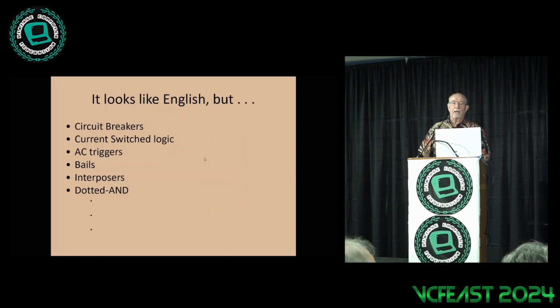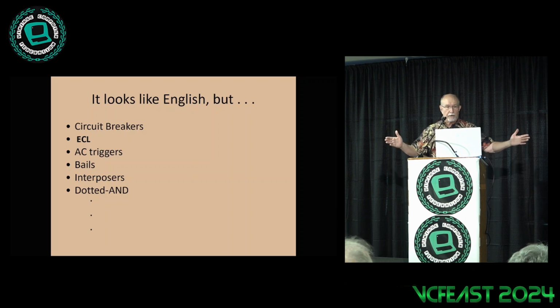Or current switch logic. Any of you work with current switch logic? Actually, a lot of you have because it's ECL, emitter coupled logic. But because IBM invented it, that was the name they used in the original patent, and they just continued to use that, ignoring what the rest of the industry did, what academia did. So they'll continue to call this current switch, and you have to know how to translate it. Even weirder, what's an AC trigger?